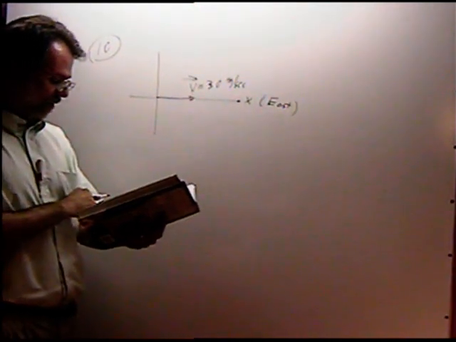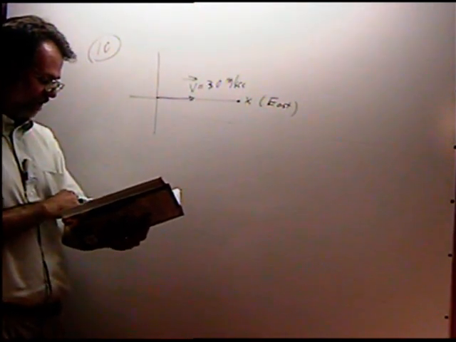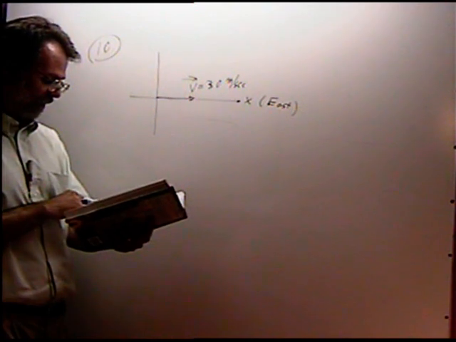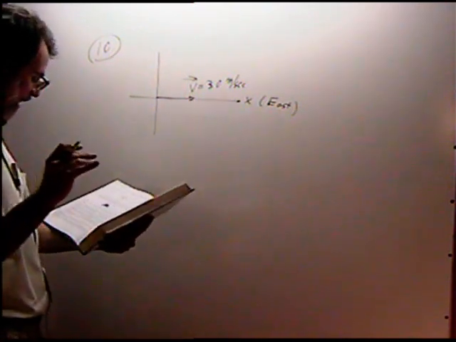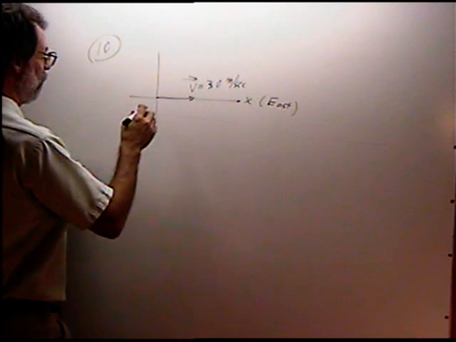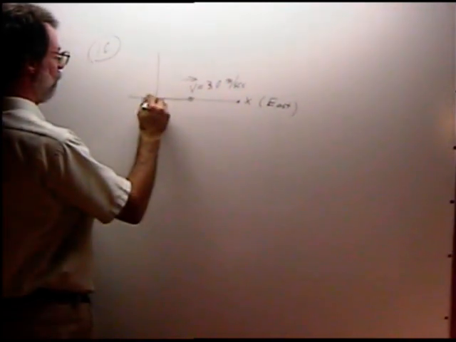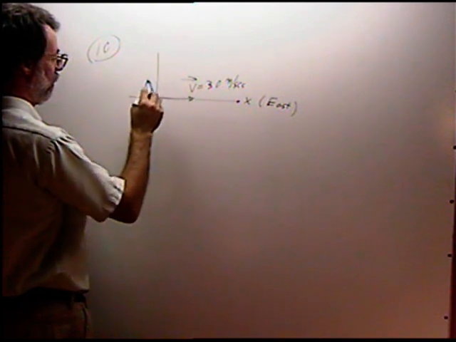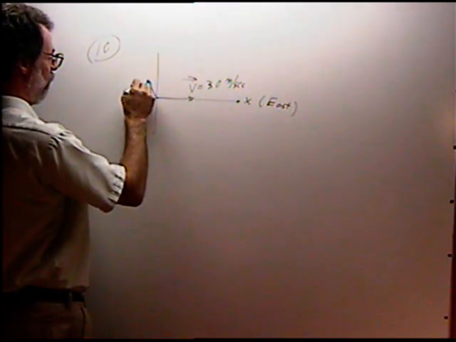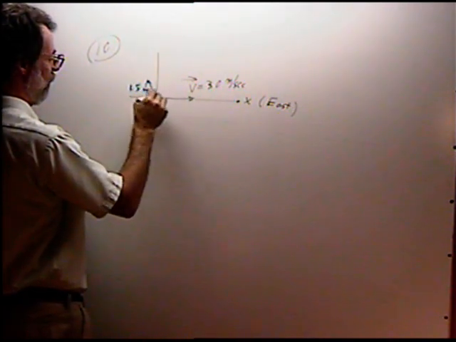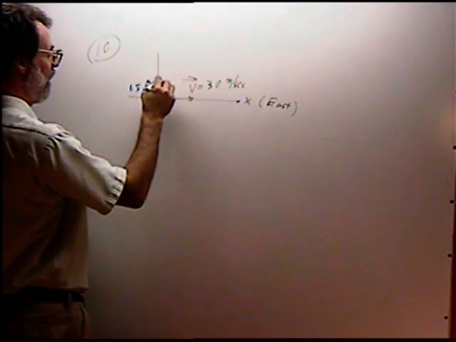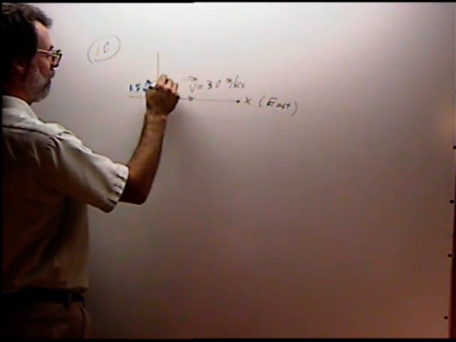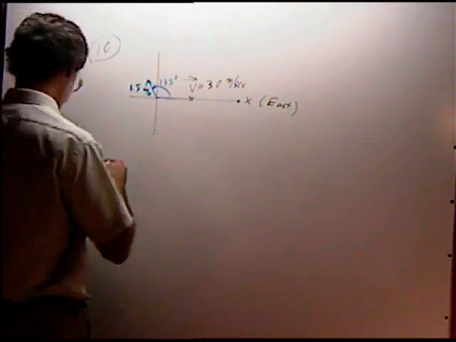The river current has a velocity of 1.5 meters per second, at a heading of 135 degrees. So the river is doing this. The river is about half his velocity, 1.5 meters per second, at an angle of 135 degrees.